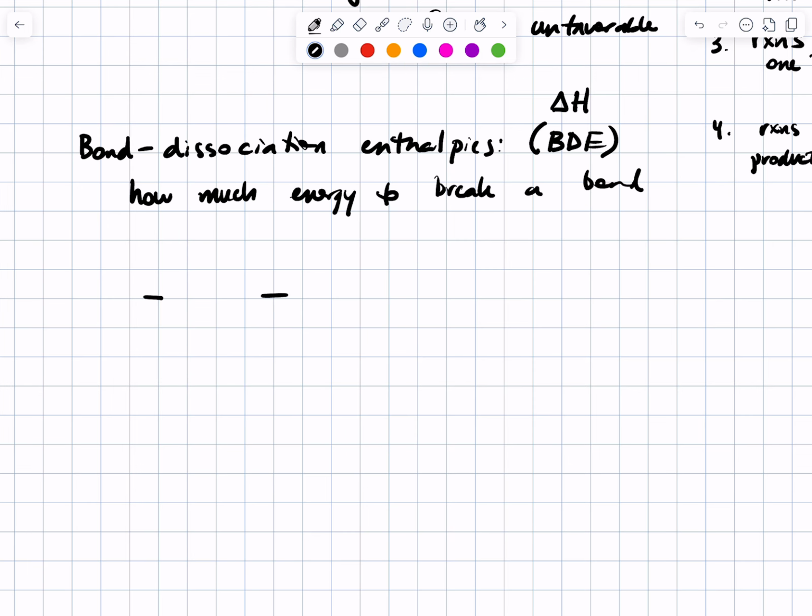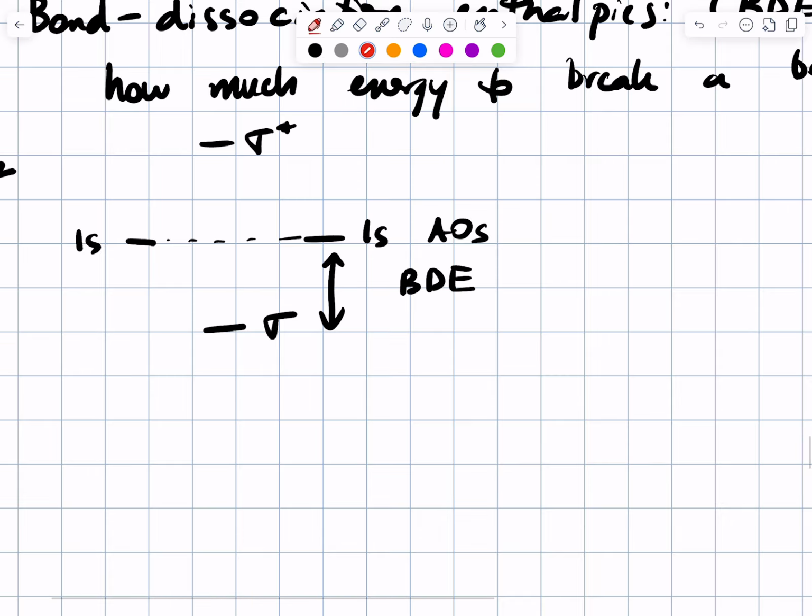Imagine for hydrogen, do you remember when we talked, so many weeks ago, about bonding in hydrogen, how you could bring two 1s orbitals together to get a sigma bonding orbital and a sigma star anti-bonding orbital. This energy distance here between the break-even point of the atomic orbitals and the sigma bonding orbital, that is the bond dissociation enthalpy. That is how strong the bond is. That is how much energy you have to put in to promote electrons back to their starting state.